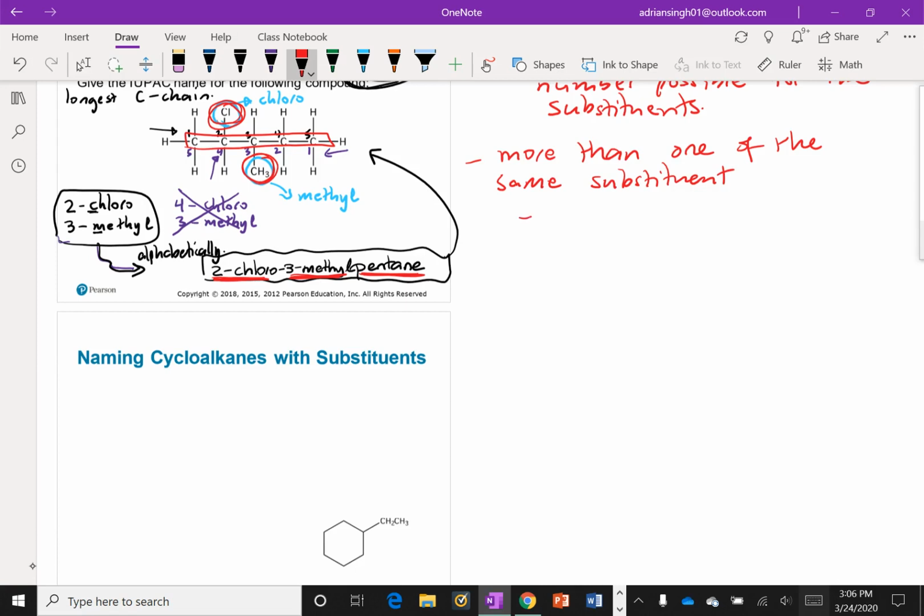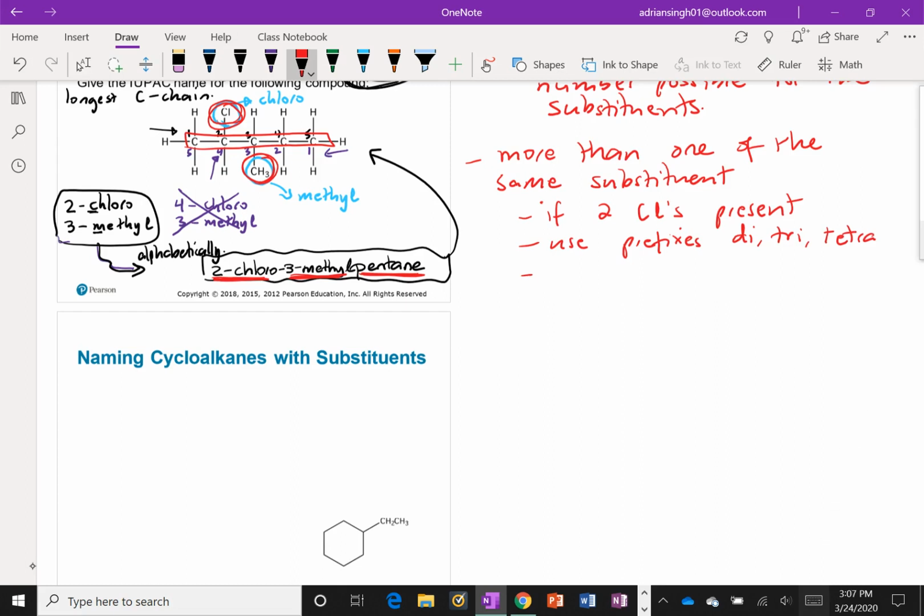For instance, if you have 2 chlorines present, then we're going to use our prefixes di, tri, and tetra to indicate how many of those substituents we have.